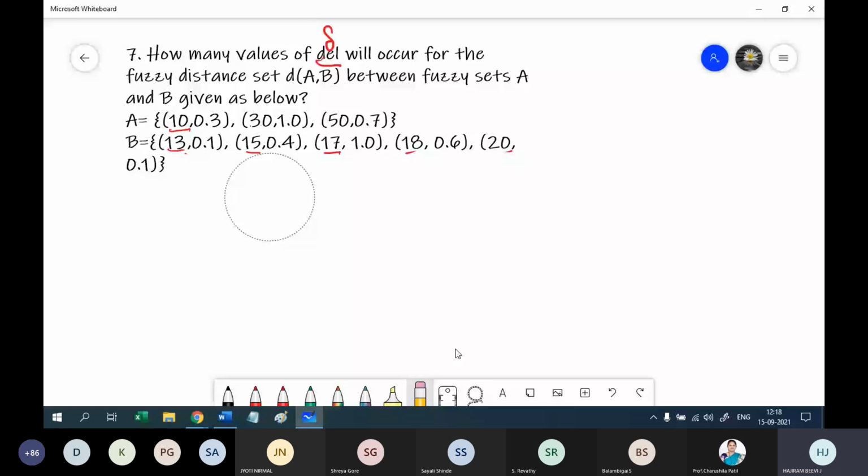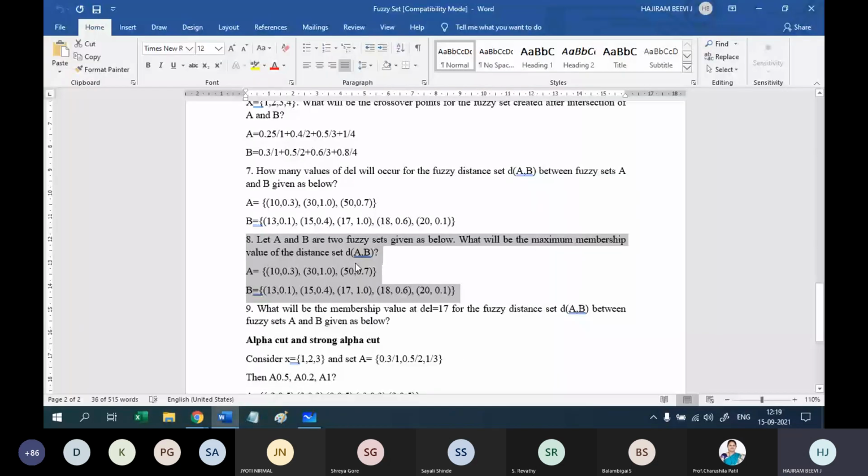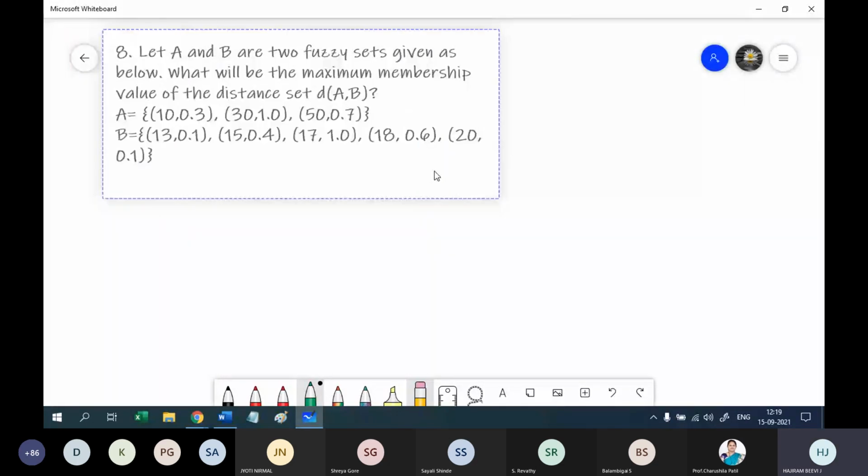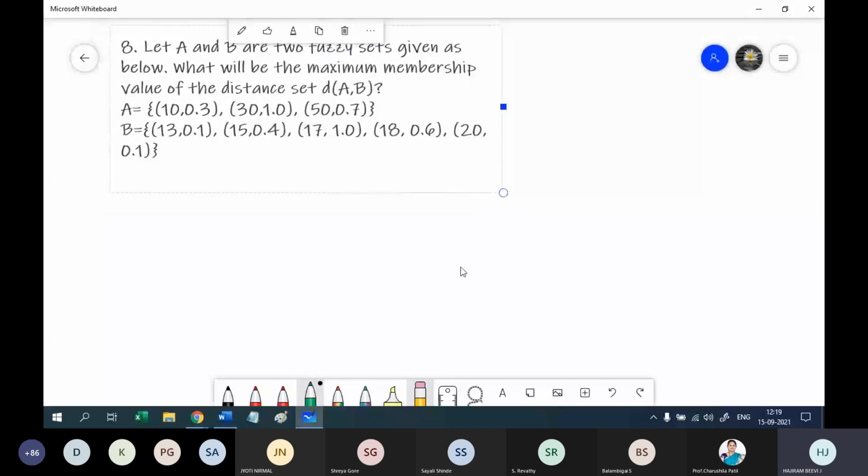So the next problem, the same thing only. The only difference is here they are asking what will be the maximum membership value of the distance. In the previous one they were asking how many values of del.